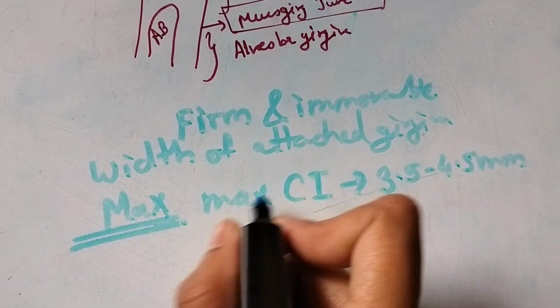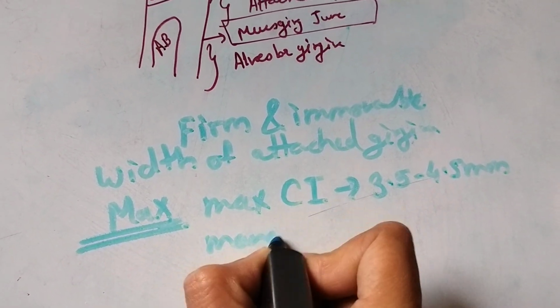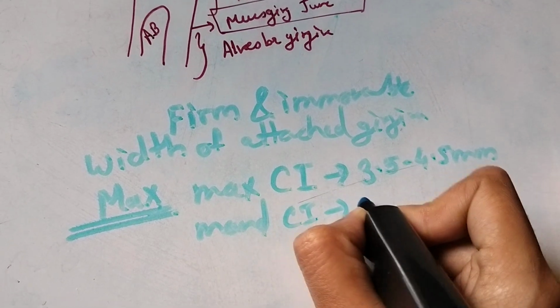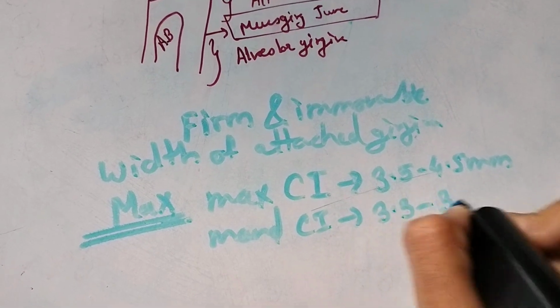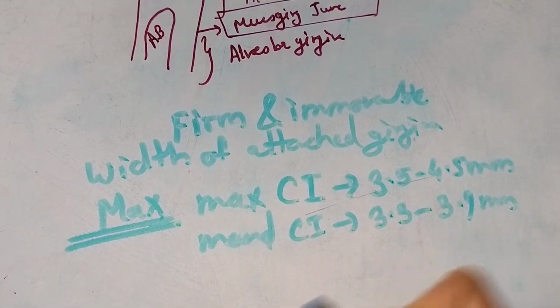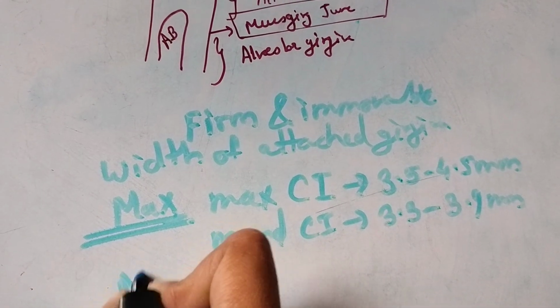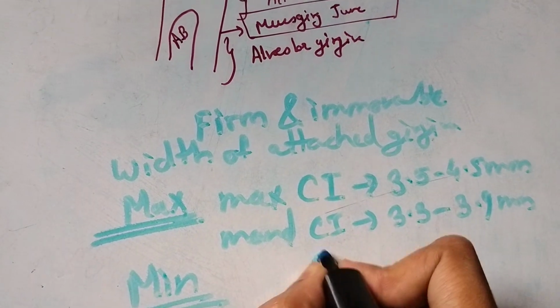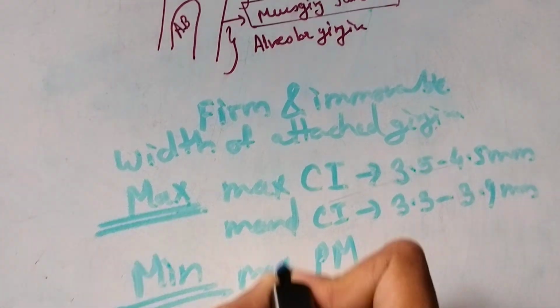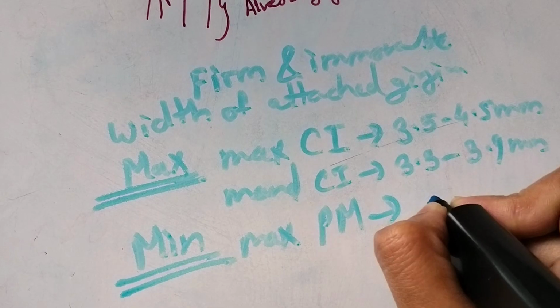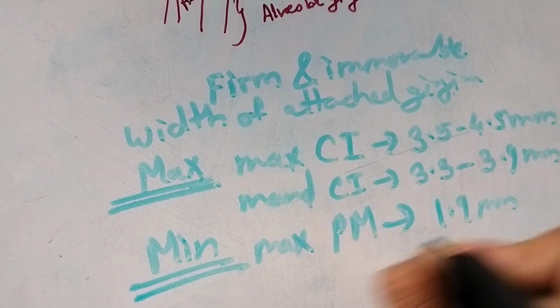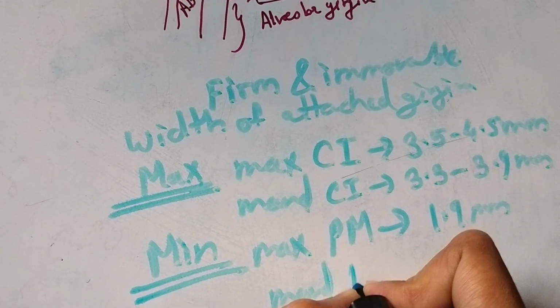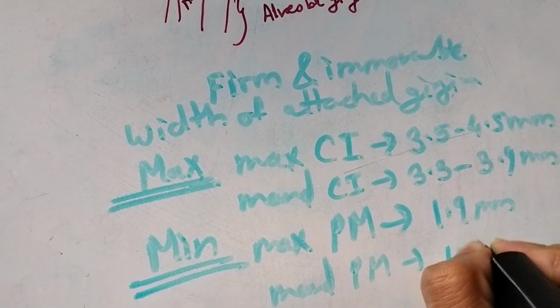In the mandibular central incisor, the width is 3.3 to 3.9 mm. It is minimum in the premolars. In the maxillary premolar, the width is 1.9 mm, and in the mandibular premolar, the width is 1.8 mm.